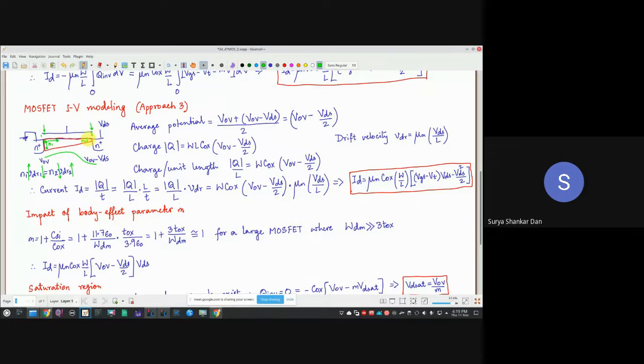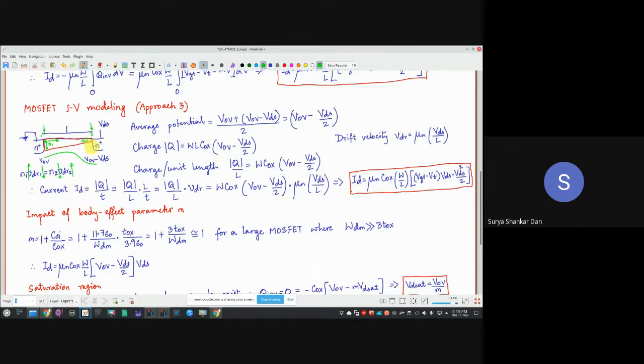You are going to have N2, which is very less because VDS is increasing. So where will the extra negative charges come from, so that they balance the positive charges on this side of the gate terminal? It has to come from the depletion charges.